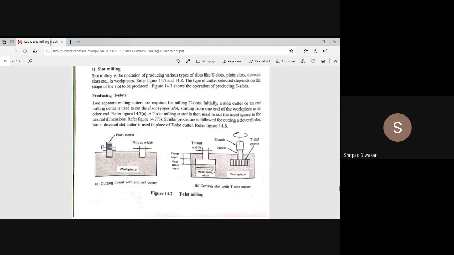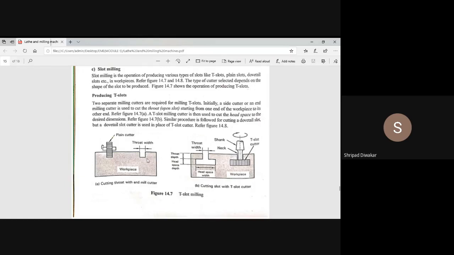You can see this is the generation of a T slot using a T slot cutter. Before that, we have to cut the throat. Because we have to insert the cutting tool in the given workpiece, throat generation is very essential in the case of a T-slot cutter.